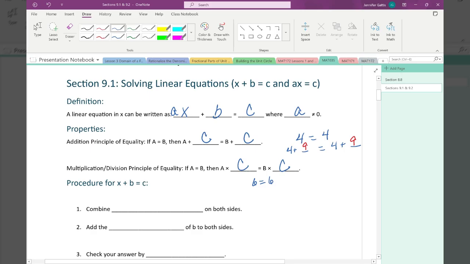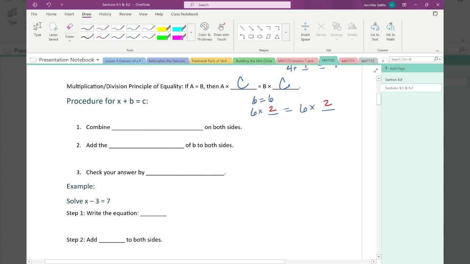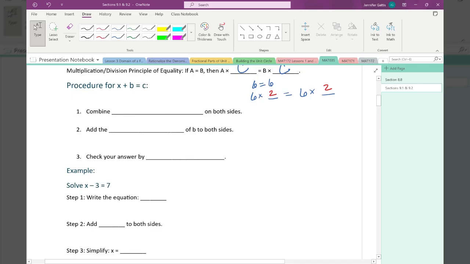Well, then we have 6 times something equals 6 times something. Whatever we have there, any number, it has to be the same. Okay?